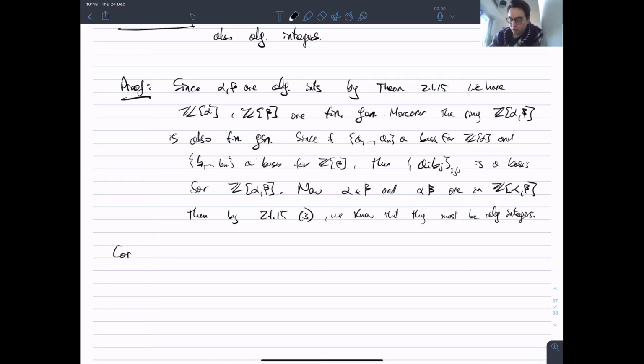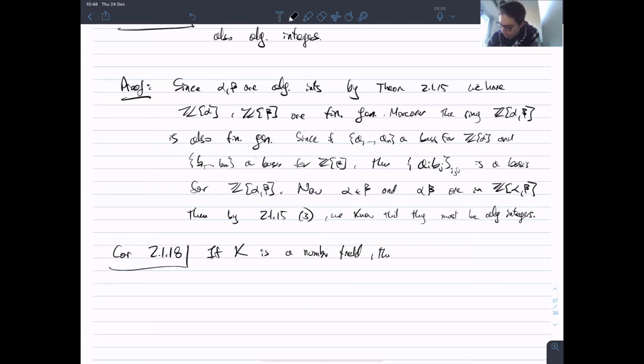So here's another corollary of this. Corollary 2.1.18. If K is a number field, then O_K is a ring.